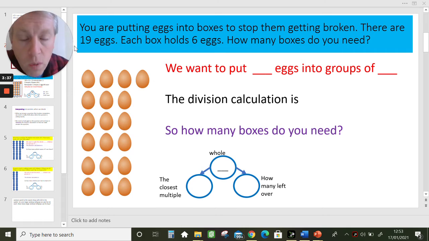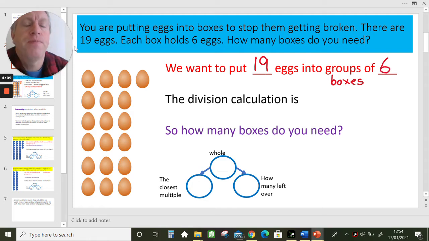Okay. Well, let's think. What blanks have we got here? We want to put how many eggs altogether? Well, 19 eggs into, well, I could have written the word boxes here. But each box is a group of eggs, and I've used the maths word groups. We want to put 19 eggs into groups of 6, because each box is a box of 6.